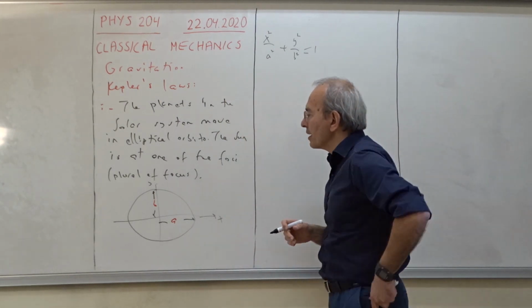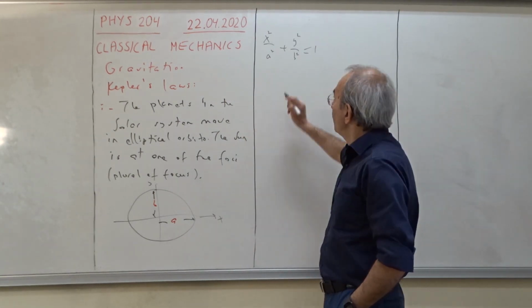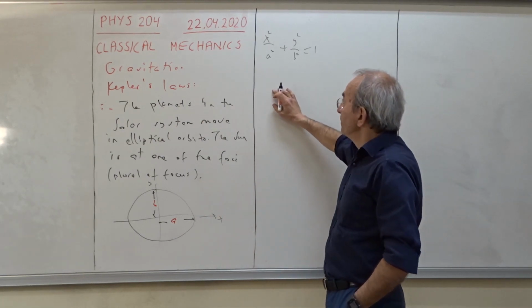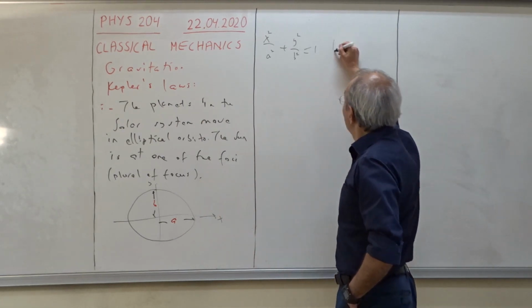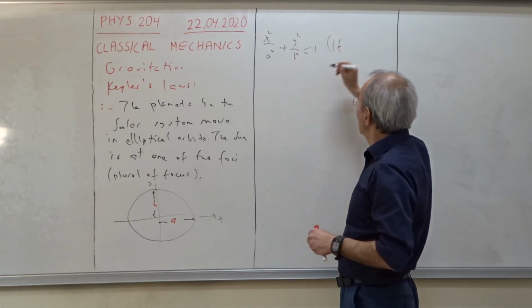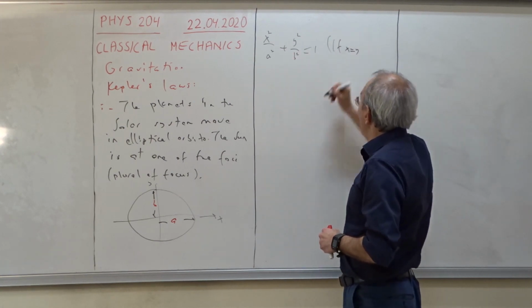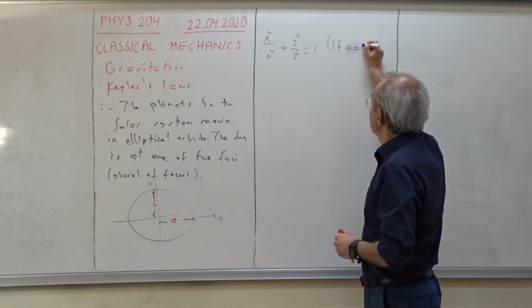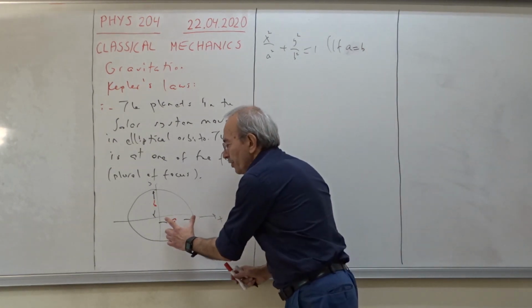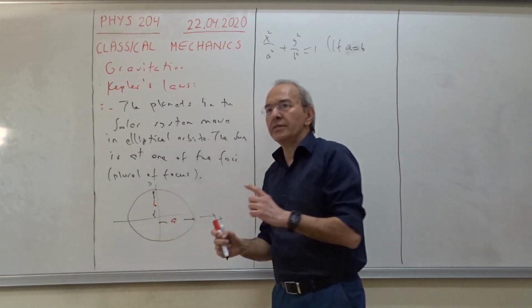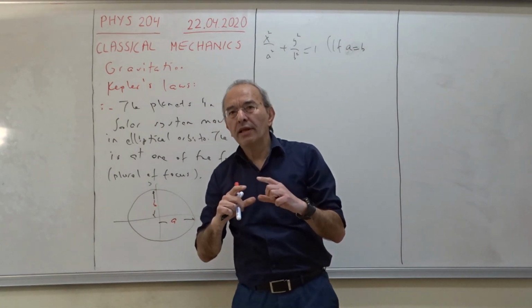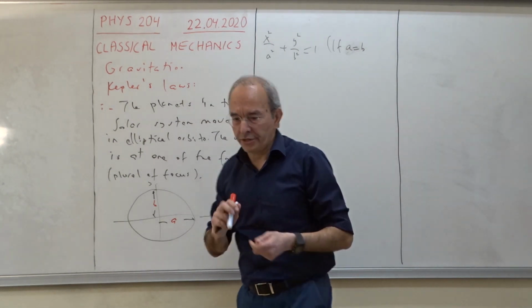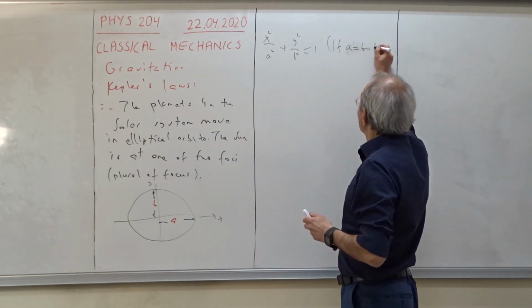Of course, if a and b are the same, let's check this formula, a is equal to b, which means the major axis and the minor axis are of equal length, there is no difference, therefore they can be called the radius r. So each of them is equal to r.